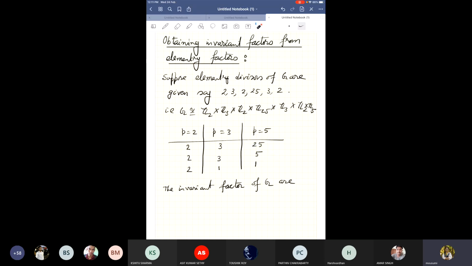In that case the invariant factors will be: n1 equal to 2 into 3 into 25, n2 equal to 2 into 3 into 5, and n3 equal to 2. So in that case, your G will be isomorphic with Z150 cross Z30 cross Z2.